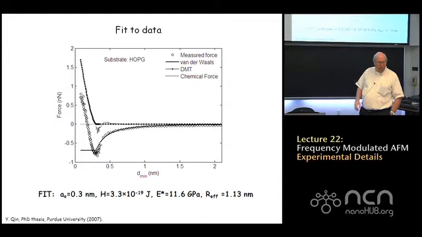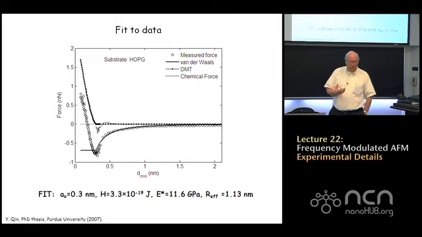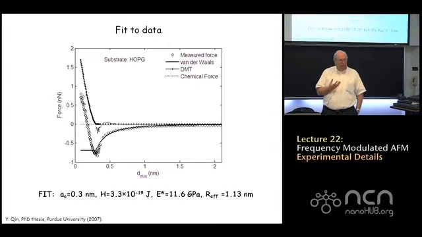So I think the early data that achieved atomic resolution used larger amplitude oscillations. But as time has gone on, the emphasis has been to decrease the amplitude of oscillation of the tip, make it smaller and smaller. The tip will not stick to the substrate because the K of the cantilevers tend to be very high for this FM AFM.